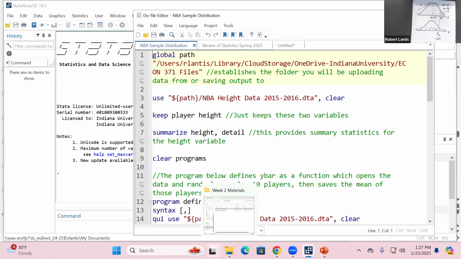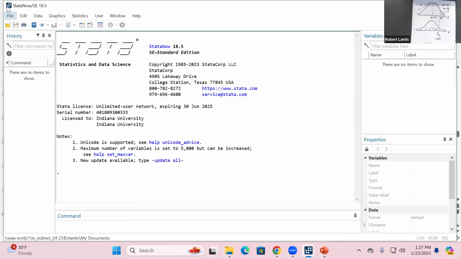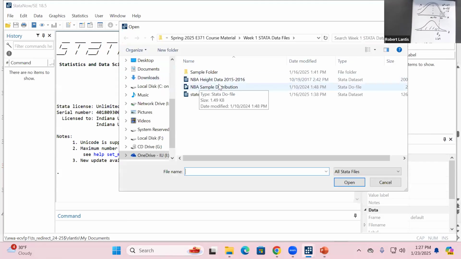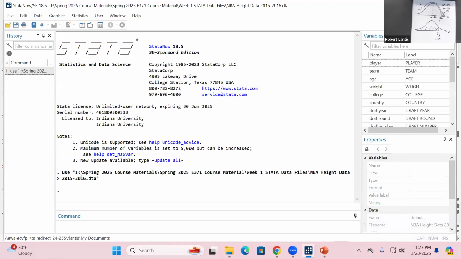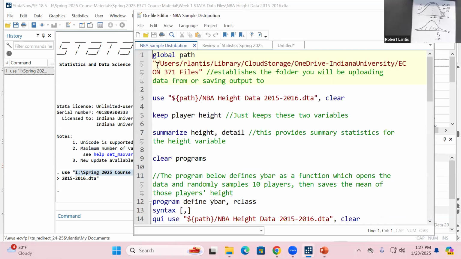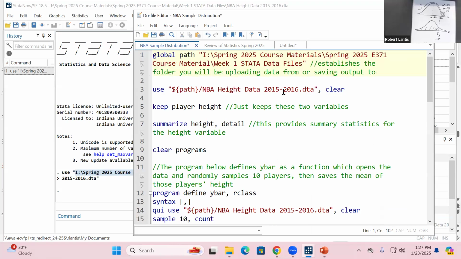So I'm going to have to set my global. Once again, the easiest way for me to do this is open up the data set the first time. It then automatically tells me what that file path is. Someone stopped by my office and asked why I did this. I like to do it because if you're ever going back to these files and you want to recreate things, I try to write them so that you can always just replace my file path with yours, and then the do file should run just fine, right?